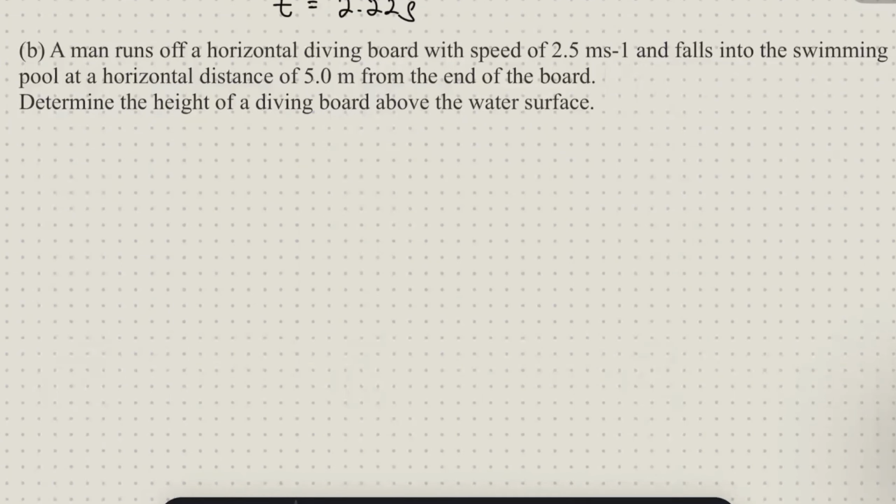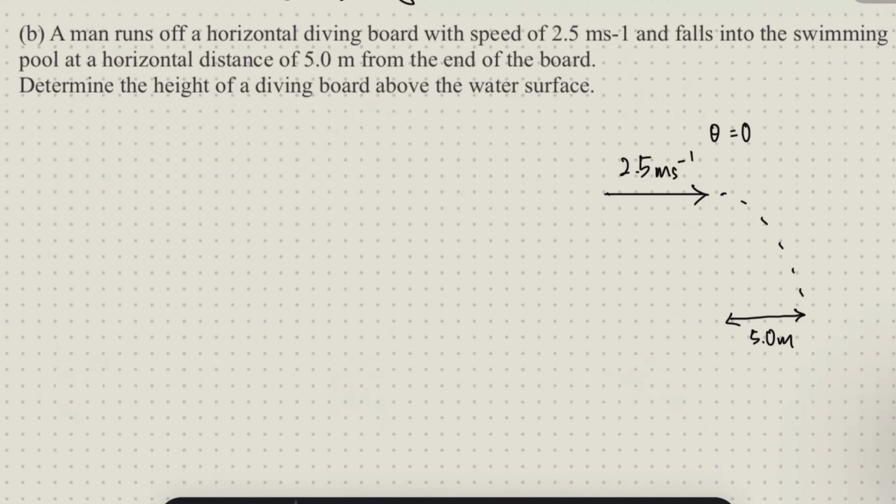So this is a projectile motion question. So here will be 5 meters. Since the question states that the man runs off horizontally, definitely the angle theta will be 0. There will be no angle.